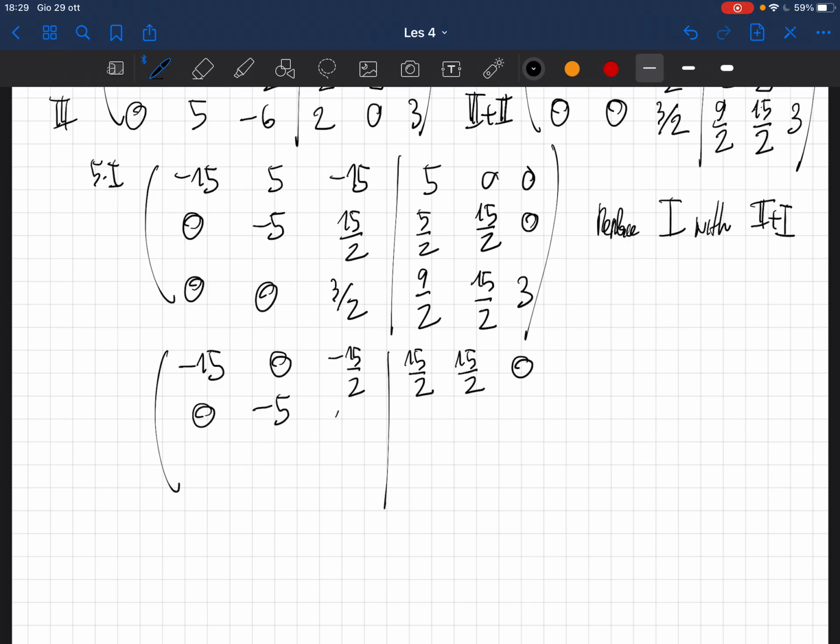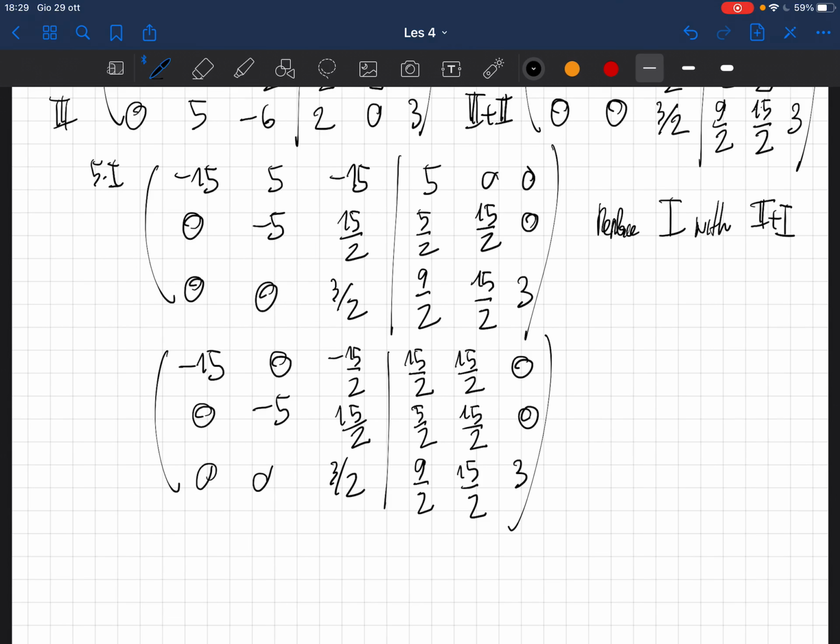Minus 5. Doesn't look too bad. Okay, which now gives this.